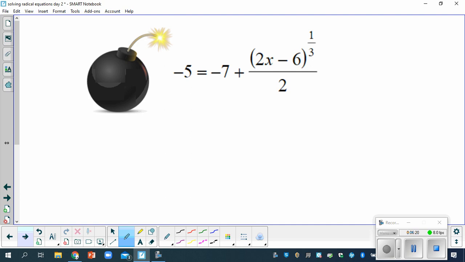What's the opposite of divide by 2? Multiply by 2. Give this one a try. Get rid of this first. Get rid of this one second. Right? Give it a try. Write this down. Ivy, do this problem.